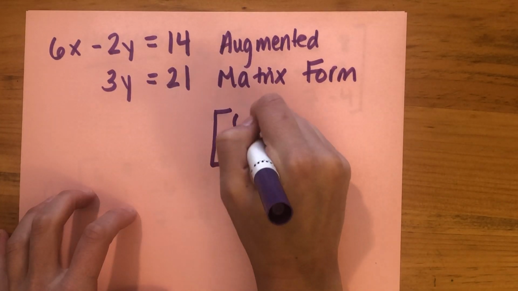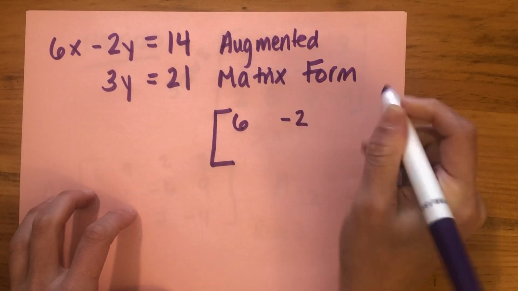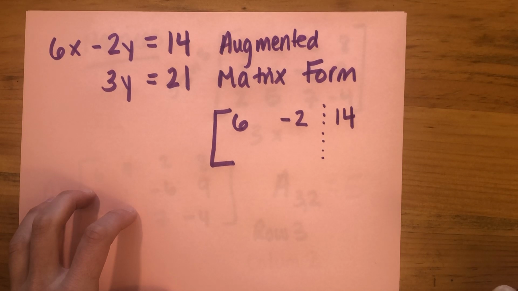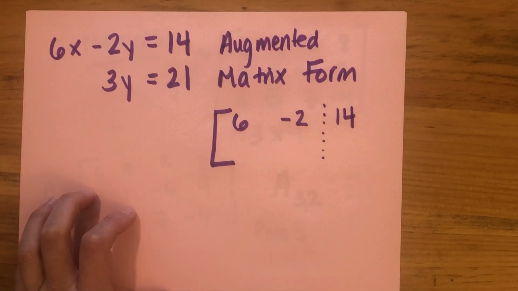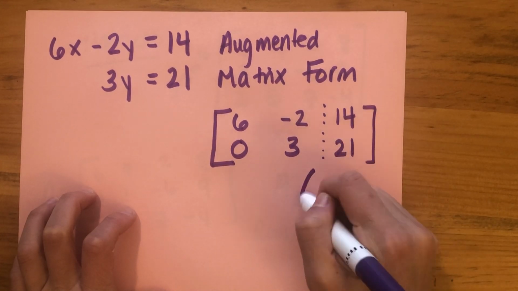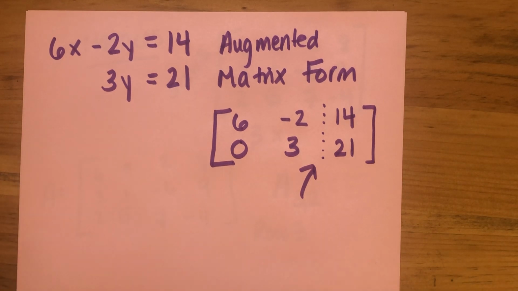So I would have the 6 for the x, the negative 2 for the y, and the constant would be 14. And then since there's no x in the second equation, it would be a 0, 3, 21. Sometimes you see the dotted line, sometimes you don't. I'm going to try to write the dotted line, but sometimes I might forget, so hopefully I don't. So that's kind of what we talked about last week. We talked about matrix dimensions, identifying an element in a matrix, and then writing an augmented matrix form.